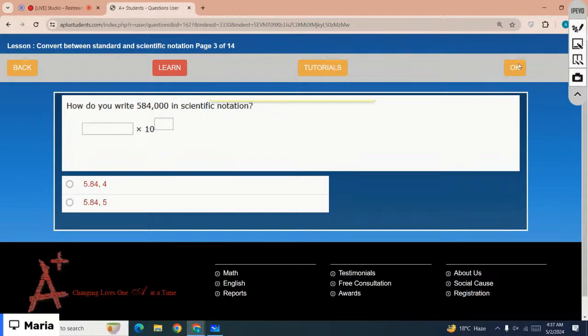The correct option is 5.84 times 10 exponent 5, moving the decimal 1, 2, 3, 4, 5 places. Yes, very good. That is 5.84 times 10 exponent 5.